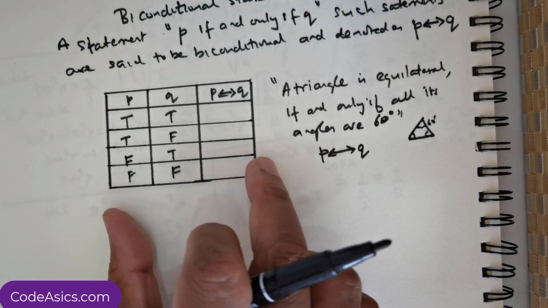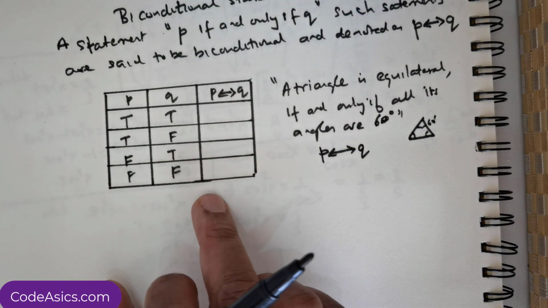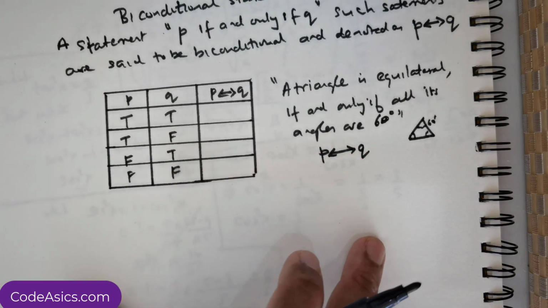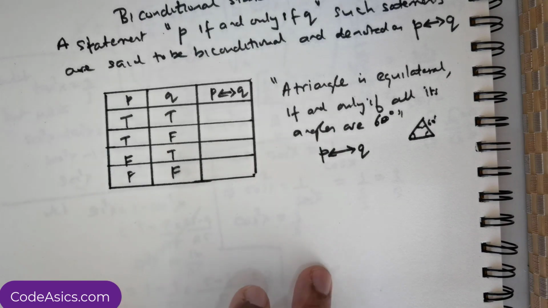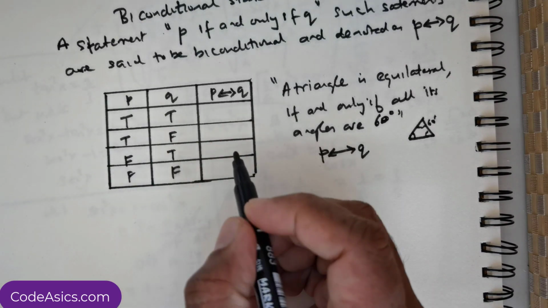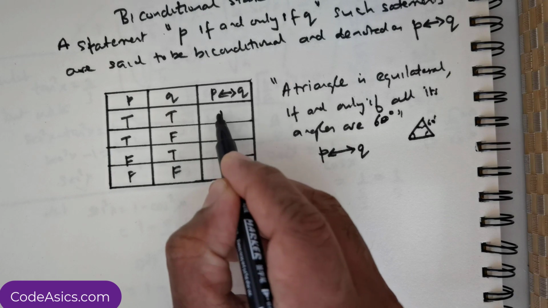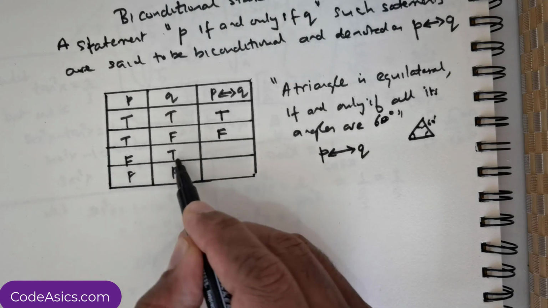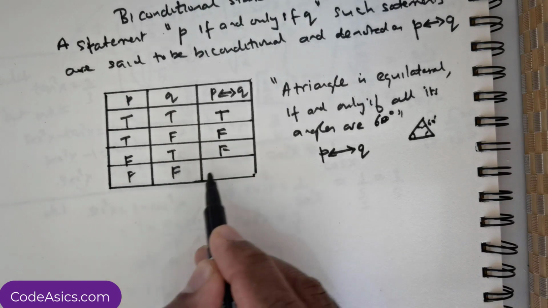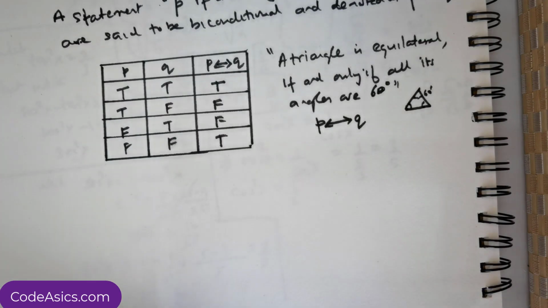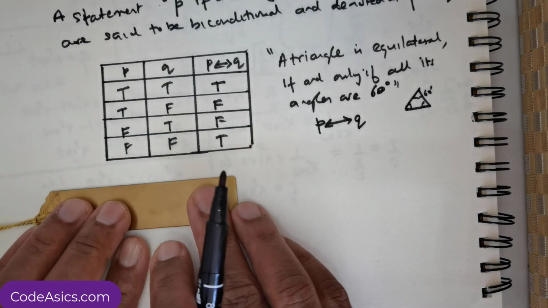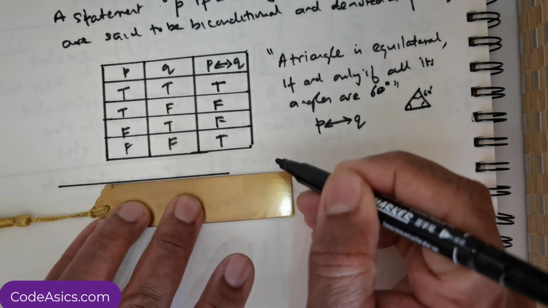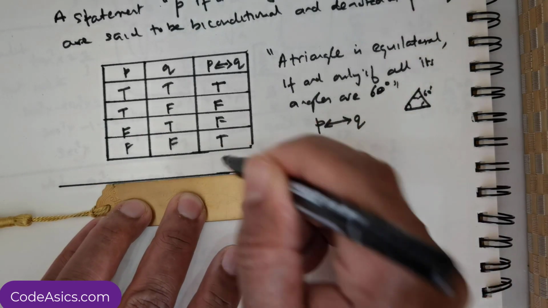Now let me give you the outcome, and then I will explain to you the table. I will just dissect this table and show to you how exactly we can get this. So T and T is given as T, T and F is F, F and T is F, F and F is T. I will show the entire dissection here. So when we mean biconditional, what are we exactly trying to infer?